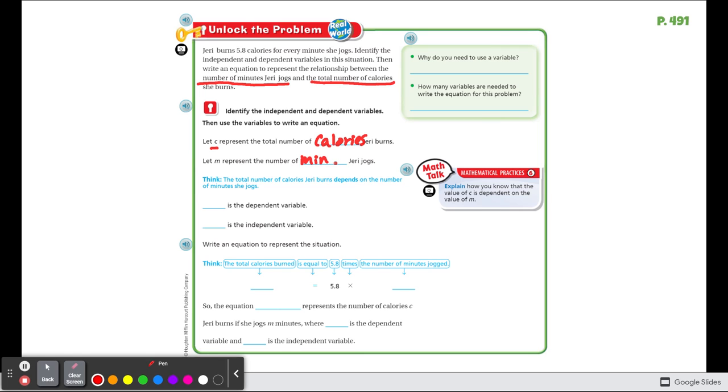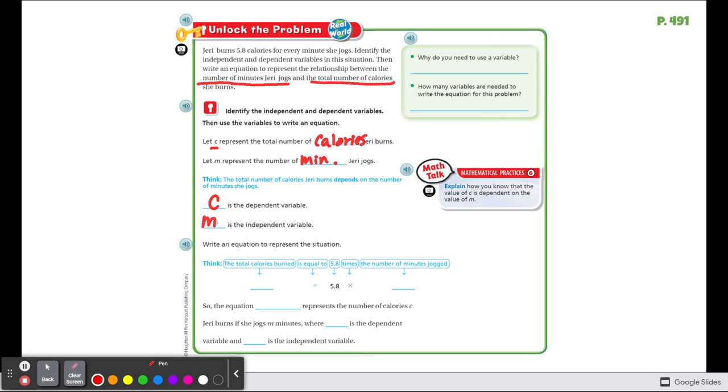The less minutes she runs, the less calories she burns. So the amount of those calories will change depending upon how many minutes she decides to run. So because the calories change based upon the minutes, the calories are a dependent variable because they depend on how many minutes she runs. So our C is going to be our dependent and M is our independent.